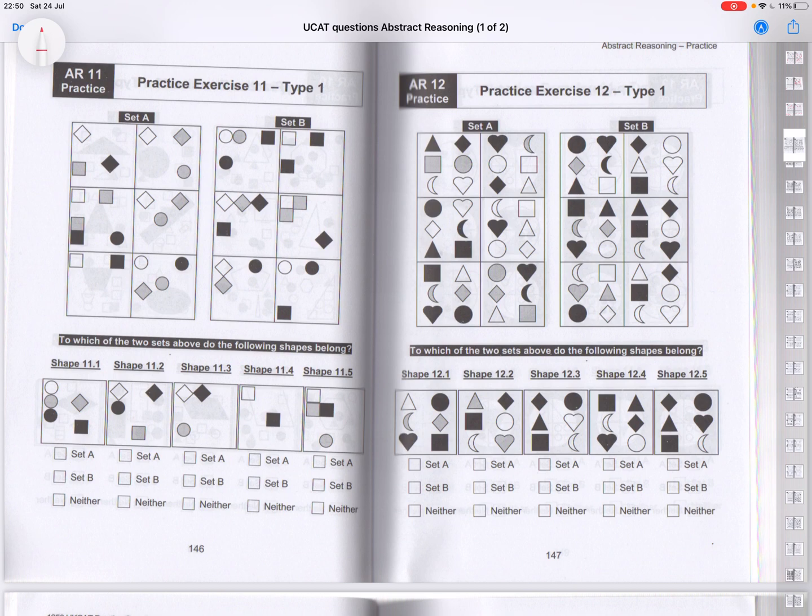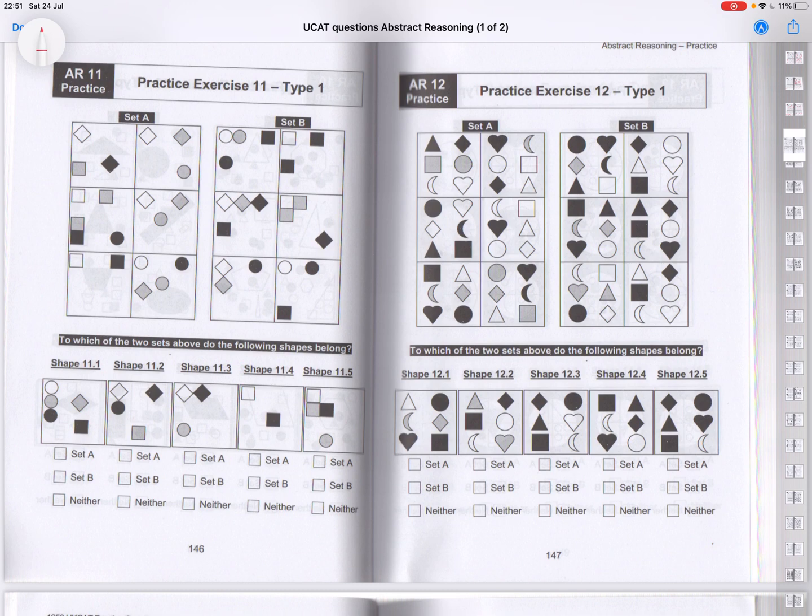Okay, so this is one where there's a lot of distraction to deal with, because if you have a look at set A and set B, you can't count anything because there are similar numbers of shapes on both sides, similar numbers of sides, and similar numbers of angles. So we're not counting anything, we're not rotating anything, we're not looking at any angles.